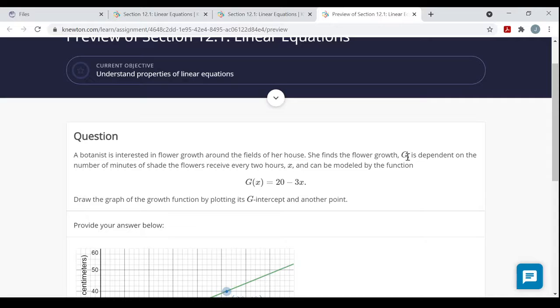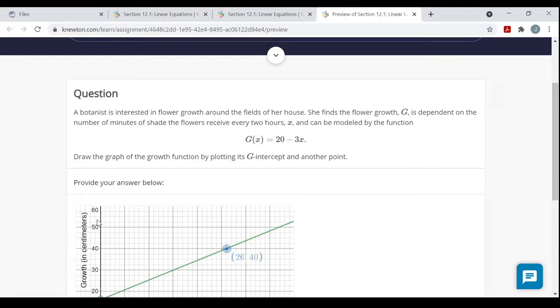And G represents the growth of the flower, and it looks like in centimeters on the graph here. And this can be modeled by the following function, G of x, which is like y. Okay, remember function notation from a previous algebra class. This just means G is my output, x is my input.